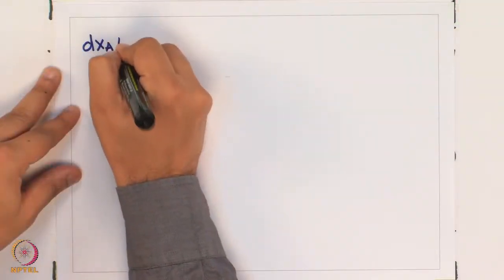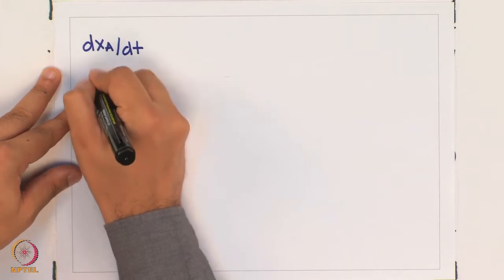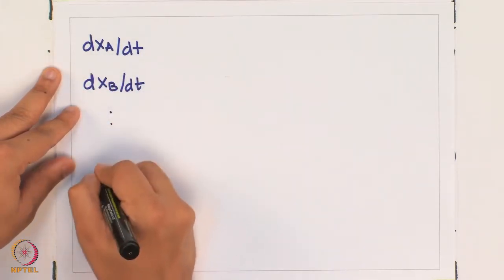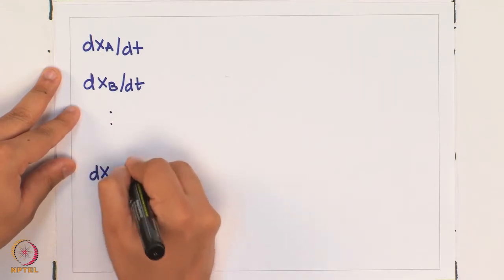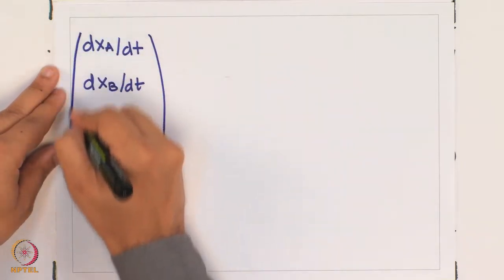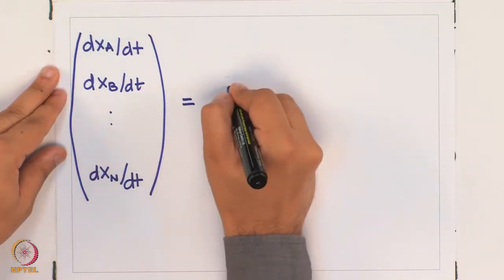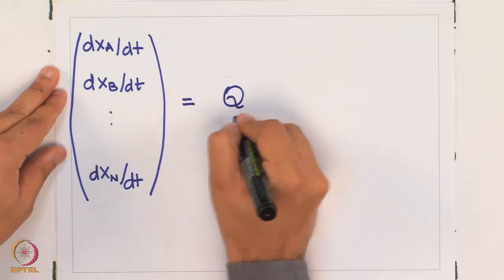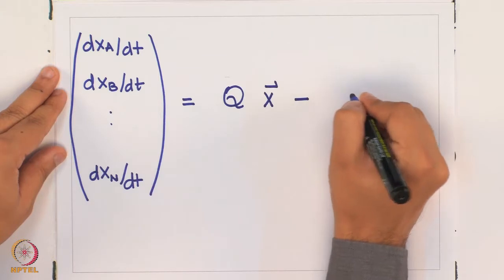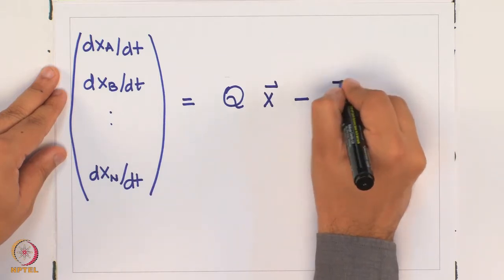What this means is our system reduces to the following equation: dxa by dt, dxb by dt, going all the way up to dxn by dt, equals Q, which is the mutation matrix, times vector x minus phi, which is just 1, times vector x.